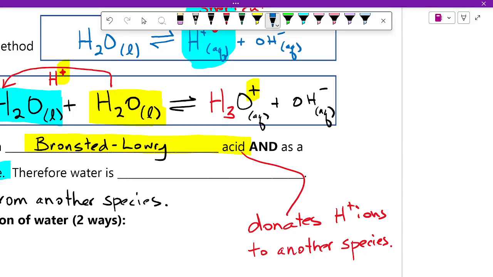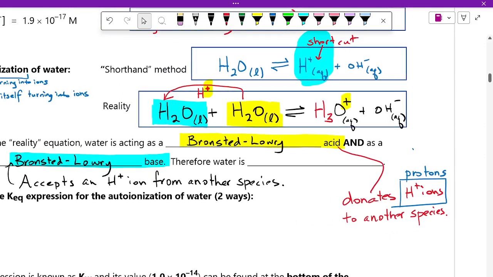When it donates H plus ions, it donates protons. Okay? Because an H plus ion is a proton. A Bronsted-Lowry base accepts H plus ions, but instead of saying H plus, what could we say?